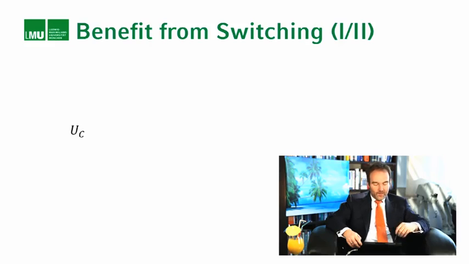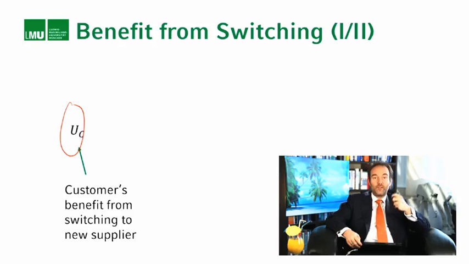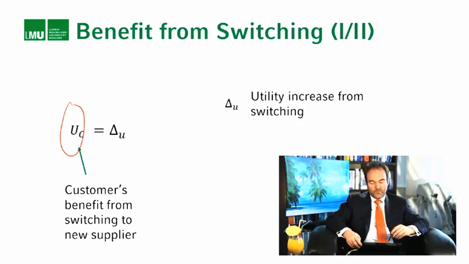Well, the utility, the benefit that a consumer gets from switching to a new supplier basically consists of three parts. First of all, there's a utility increase from switching. So obviously the new product has to be better, the new service has to be better than the previous service. So this will be some positive delta, a positive increase from switching.